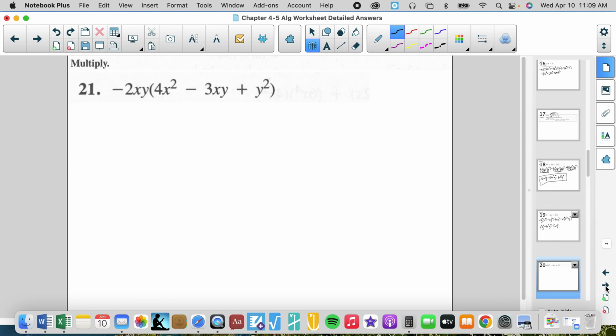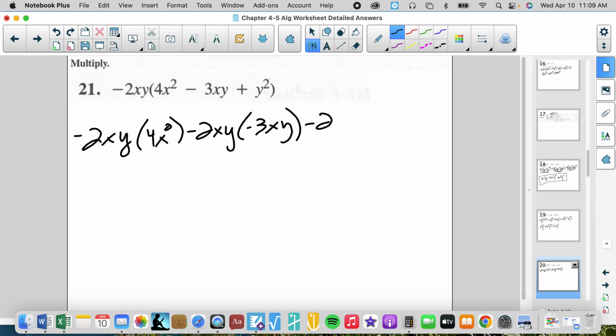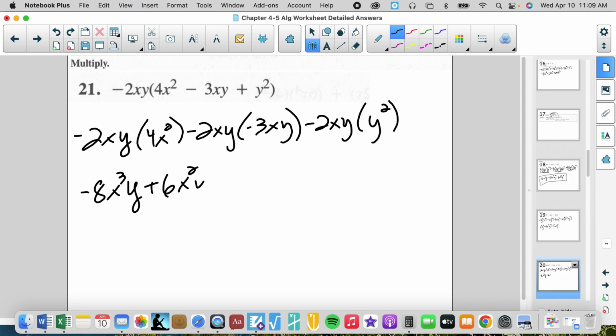That's how fast and easy this can be done, as long as you write it out and you are well versed in your products of monomials, because that's all we're doing. We eventually are just multiplying monomials times monomials. And did you take the time to master it when we did it earlier? That's negative 8x to the third y.